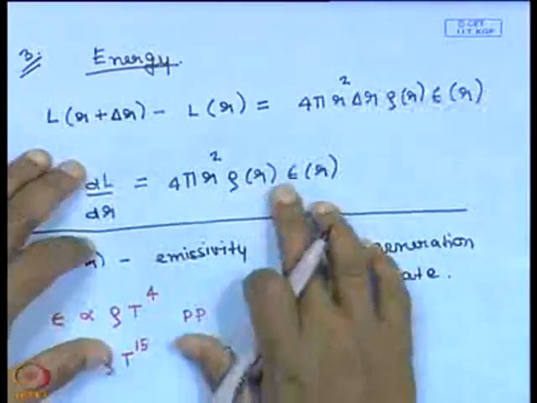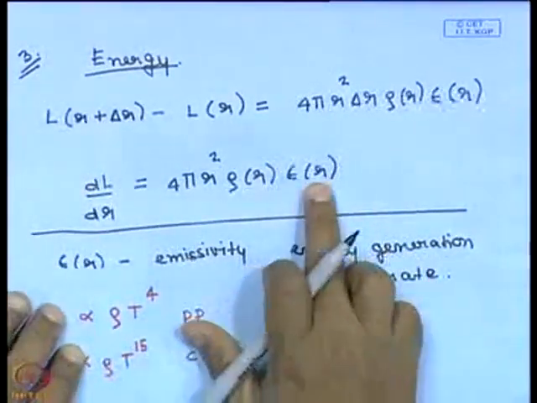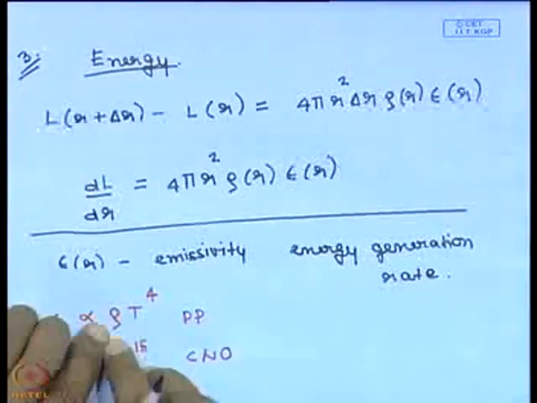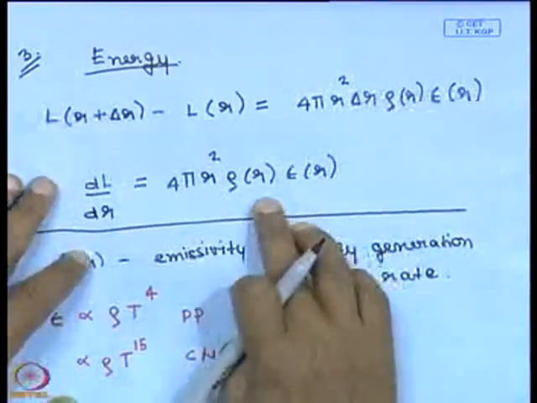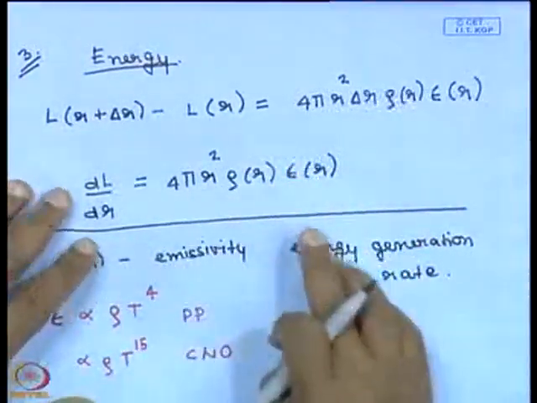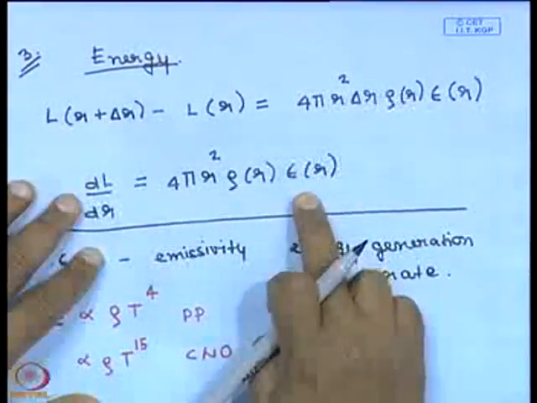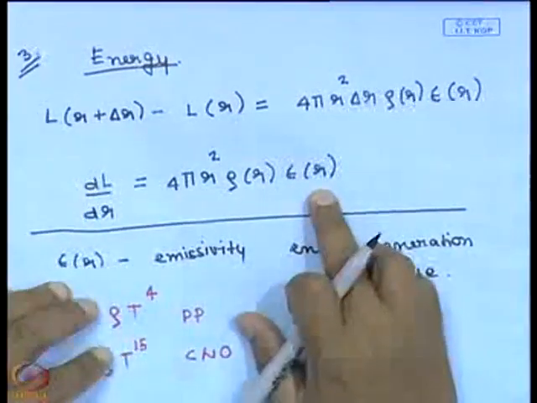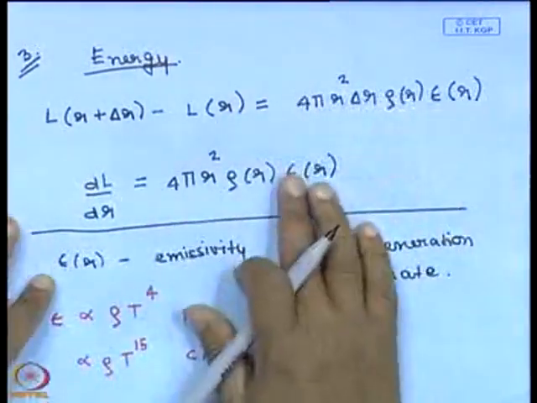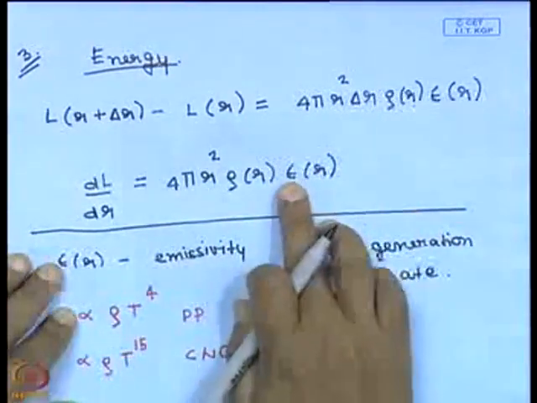Okay, that goes into here, and we have written this as a function of r, because both the density and the temperature are just functions of r. In reality, if you look at the physics behind it, it is a function of the density and the temperature, but since the density and temperature are themselves functions of r, when you solve the stellar structure, you can think of it as a function of r.